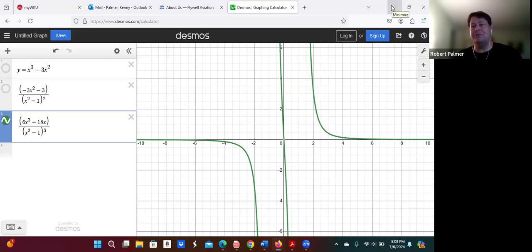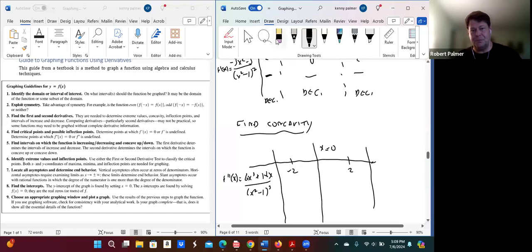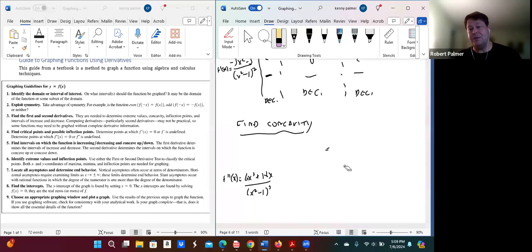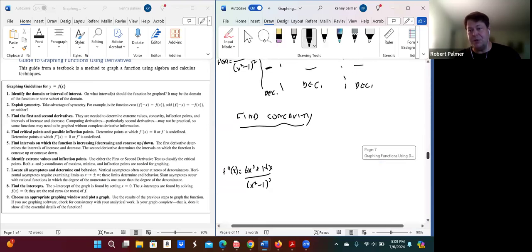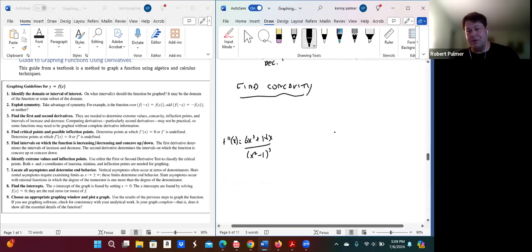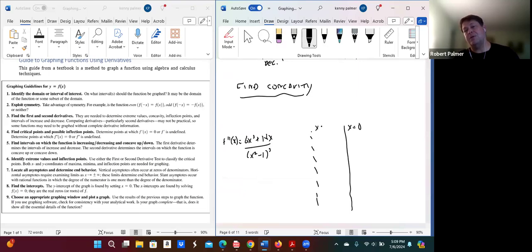Our asymptotes as well as our inflection points are places where the concavity can change. I forgot to mention that. So here's x equals 0, and then our asymptotes, x equals -1 and x equals 1.